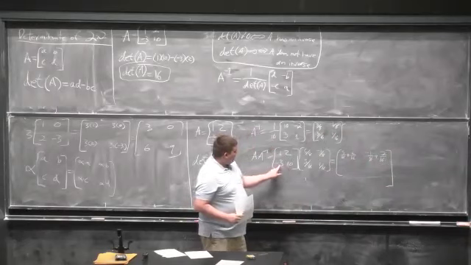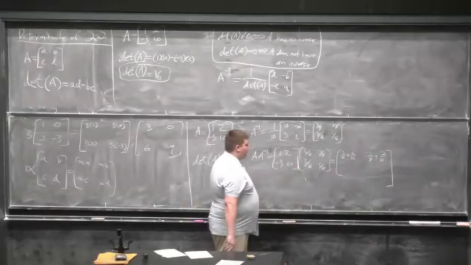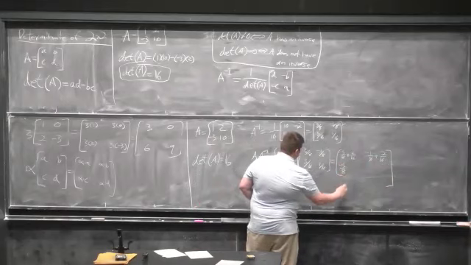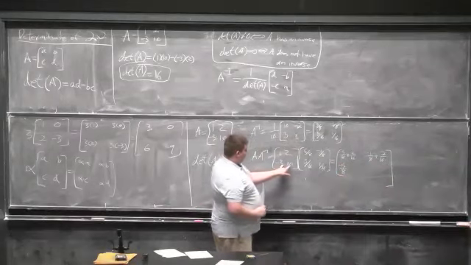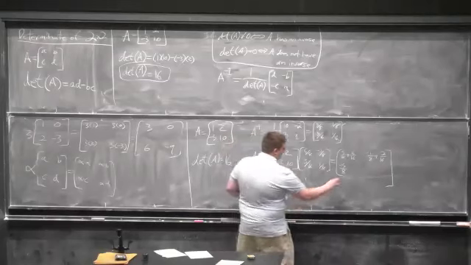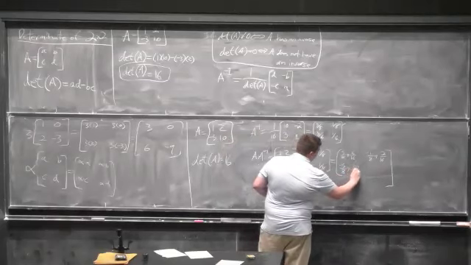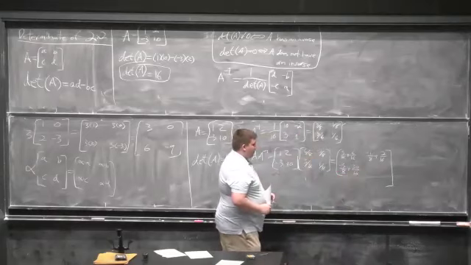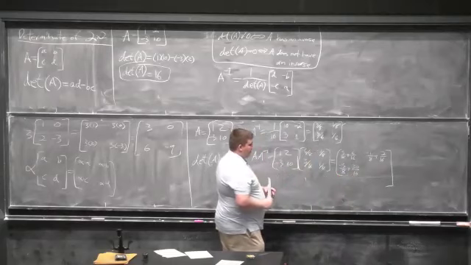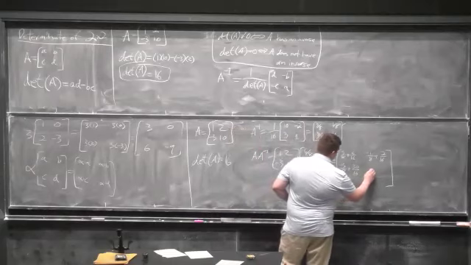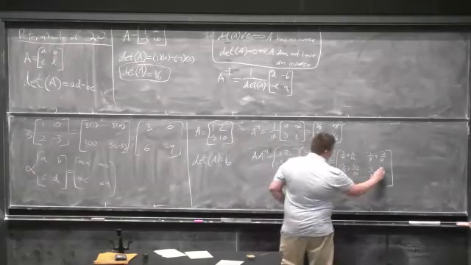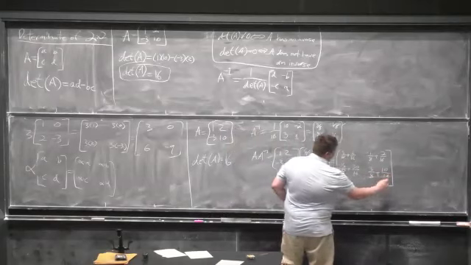Now we're going to have -3 times 5/8, so that is -15/8, and in the bottom entry we're going to have plus 30/16. And for the last entry, we're going to have -3 times -1/8, so that is 3/8, plus 10 times 1/16, so that's 10/16.